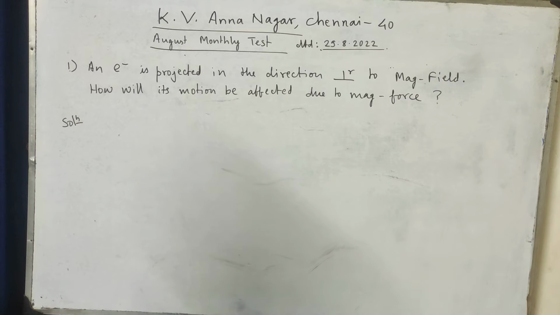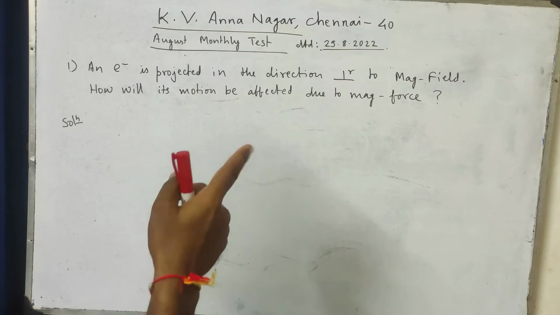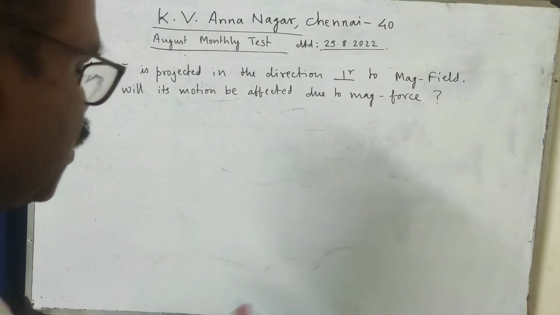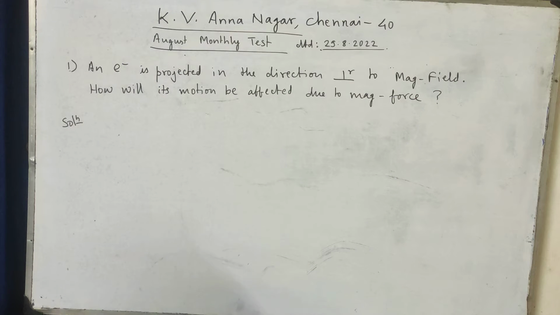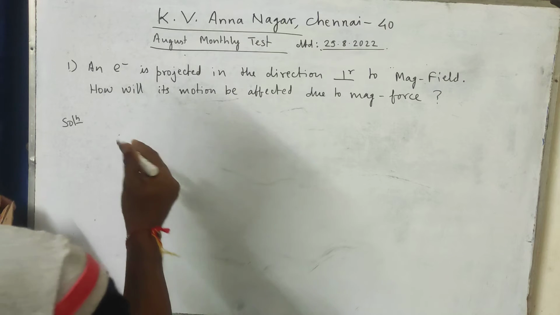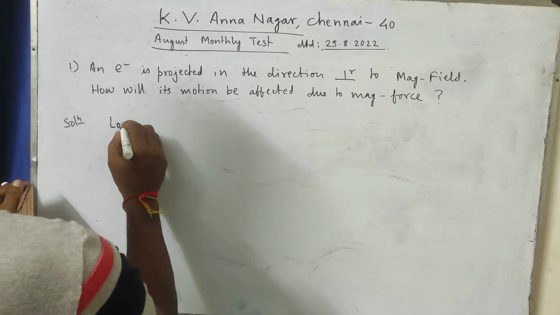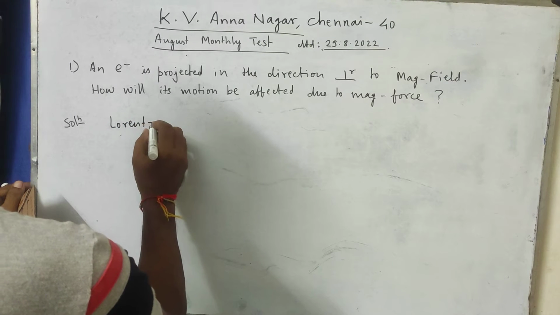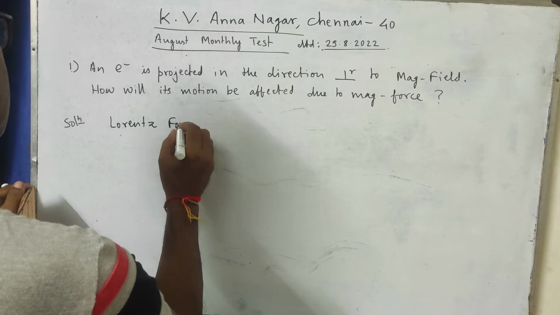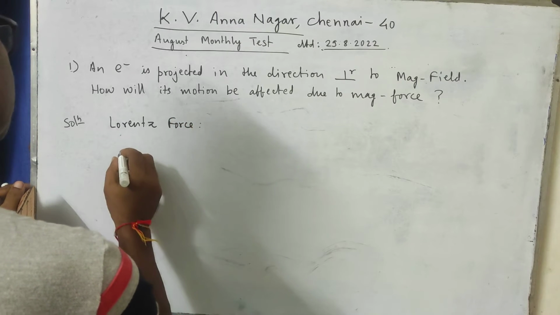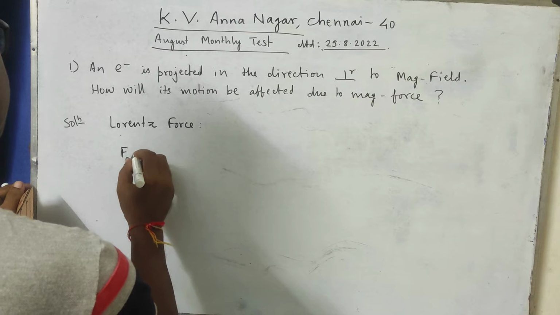So we know whenever a charge is projected in a magnetic field, a force called Lorentz force acts on the charge, right? This force will be due to the magnetic field.